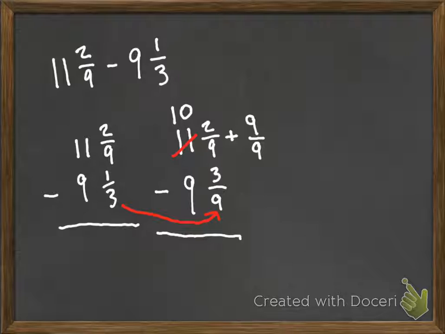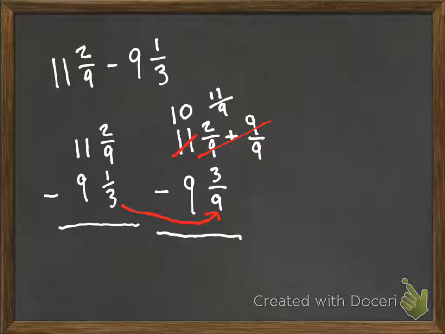And I'll just go ahead and write that up here at the top. And just so we don't get confused now that I have that written down, I'm going to cross this out as well. So now what we're looking at is 10 and 11/9 minus 9 and 3/9. And the reason I did that is because 11/9 is larger than 3/9, and so we can subtract those now.